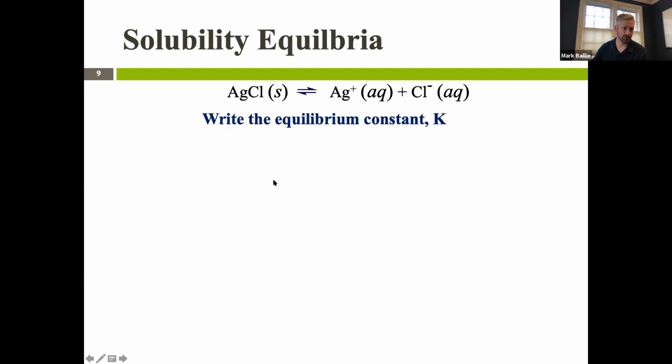So there's a spot on your worksheet. Go ahead and write out the equilibrium constant K, specifically KSP, for this reaction here. Go ahead and take 30 seconds to write out your equilibrium constant.